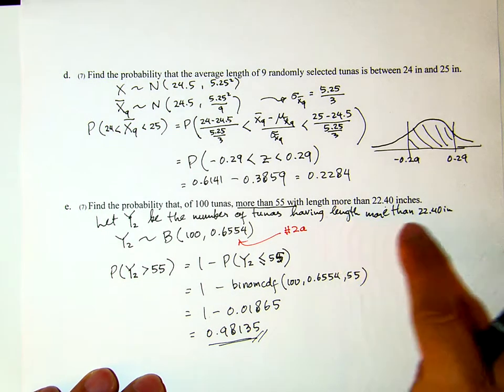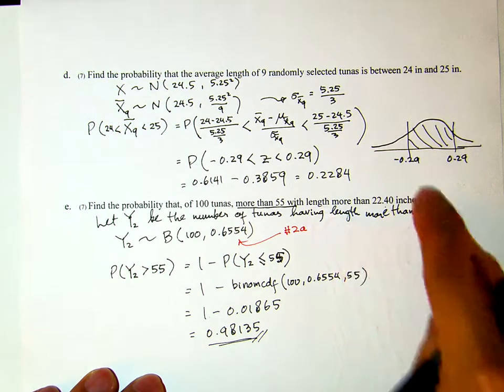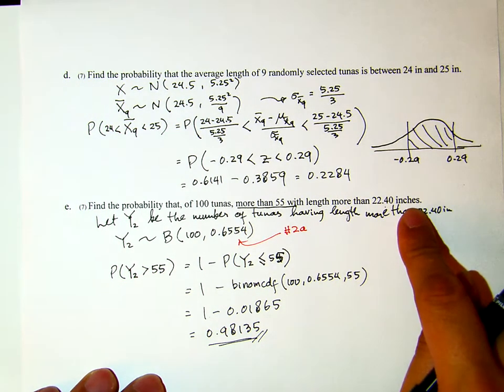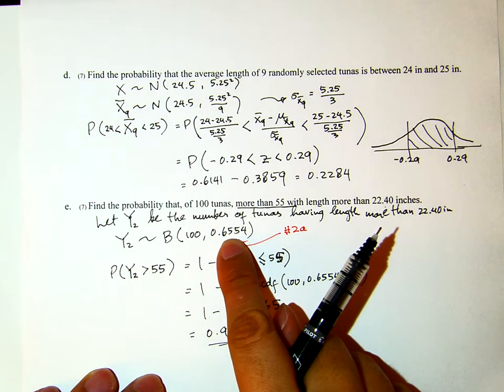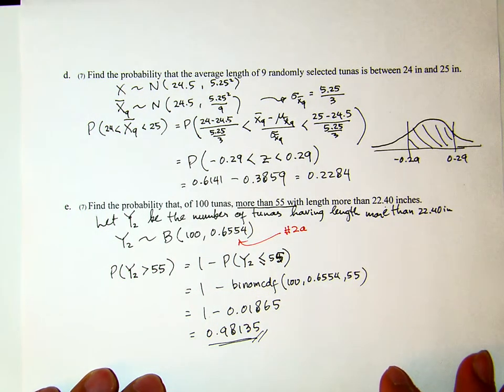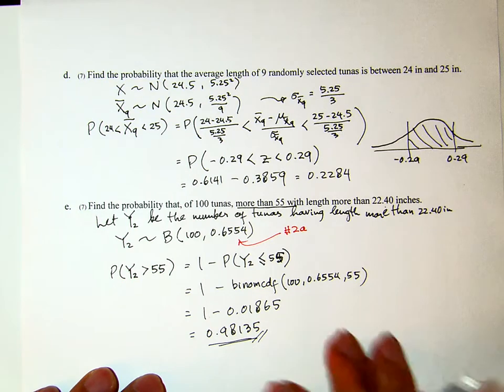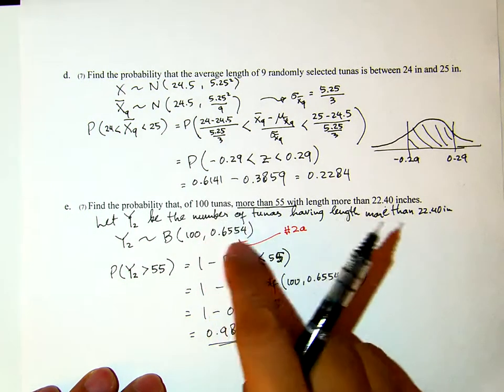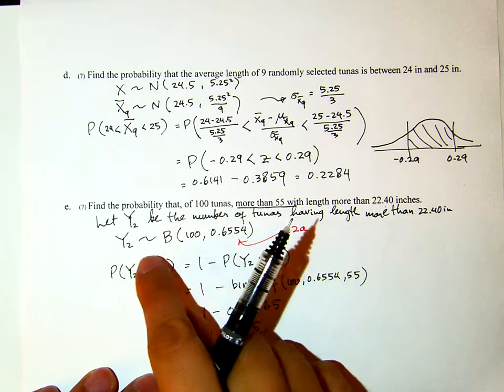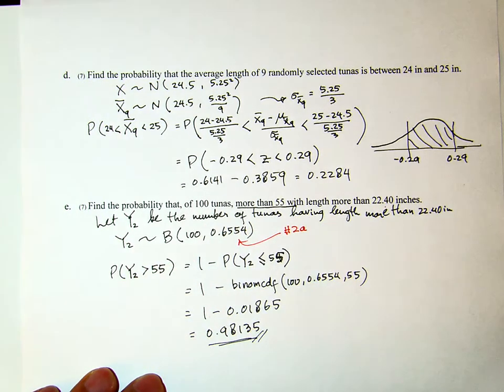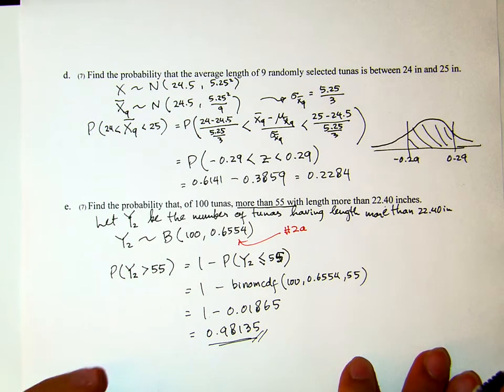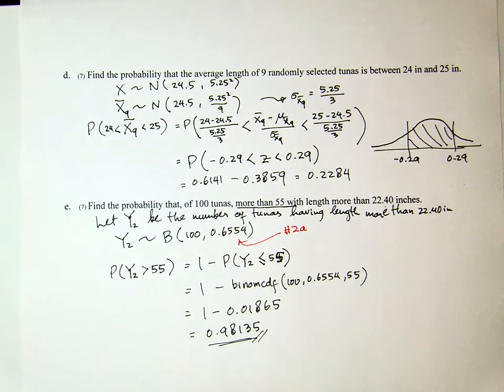The probability of a tuna satisfying this requirement has been computed in part A. That's how we get that number here. Then we use that number further to compute the probability that the number of such tunas will be more than 55. Suddenly this number is coming from the normal distribution, but right now we come to another type of distribution, the binomial distribution, because we are counting the number of tunas here. That's from Fall 2010, Math 227, Test 2, number 2, Part D and Part E.